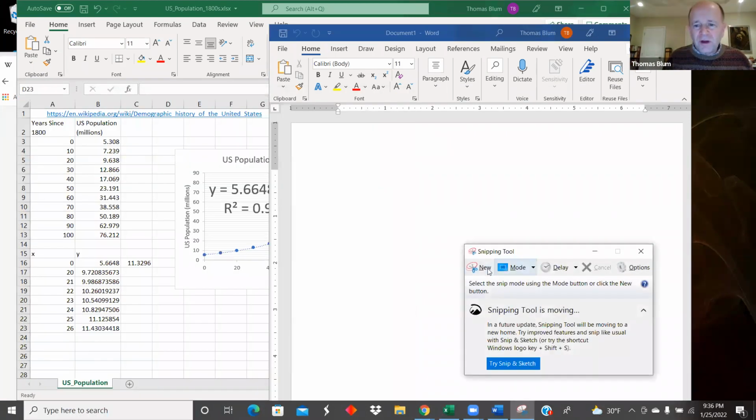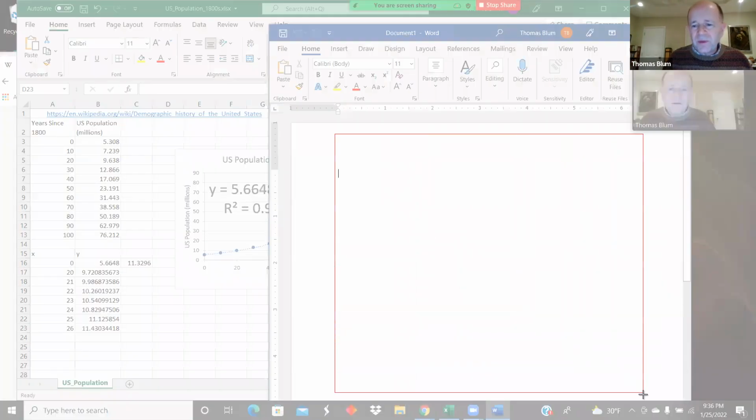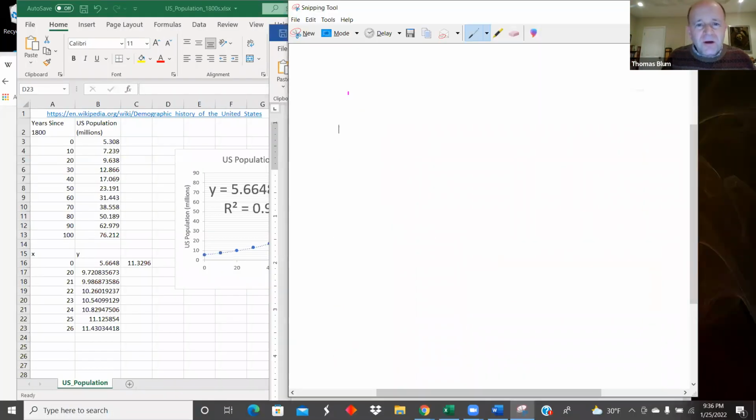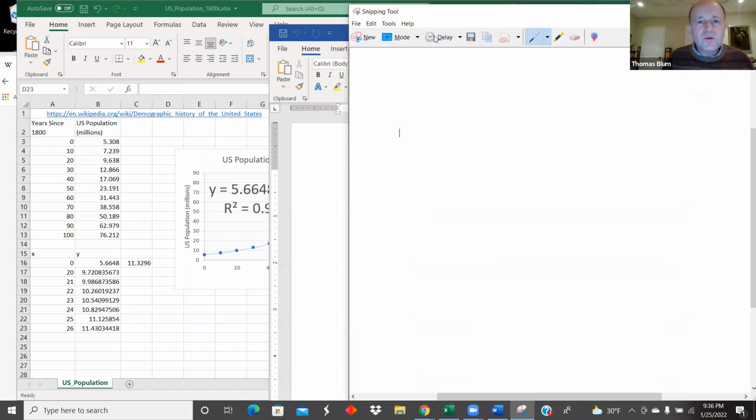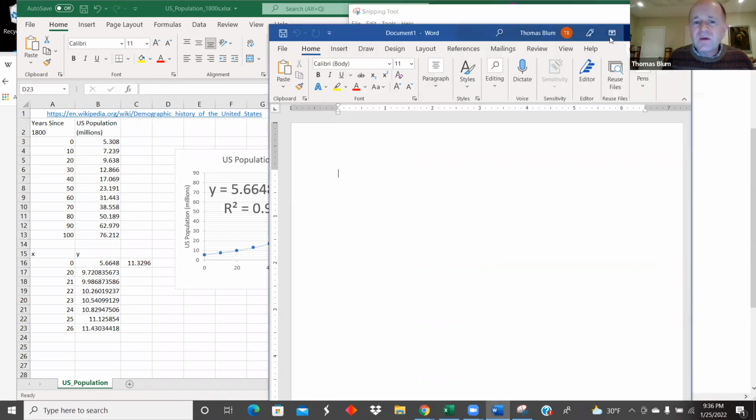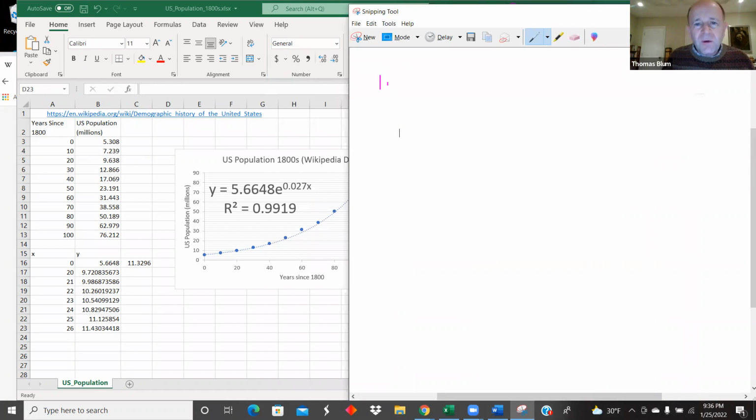So I just want to do a little writing. So here is my formula. Let me take this out of the way. My formula was y equals 5.6648 e to the 0.027x.